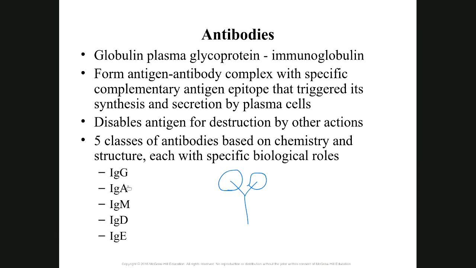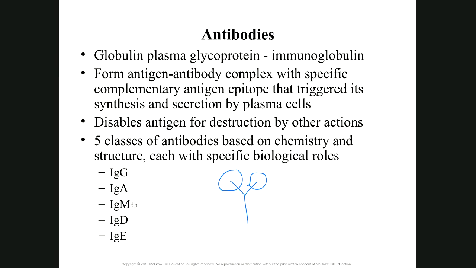IgA can be found in the areas which are exposed to the environment, such as mucous membrane and tonsils. I mean the mucous membrane can make different secretions like mucus, saliva, tears, and breast milk. And IgA plays a significant role in protecting the respiratory system, gastrointestinal tract, and also the urogenital system.